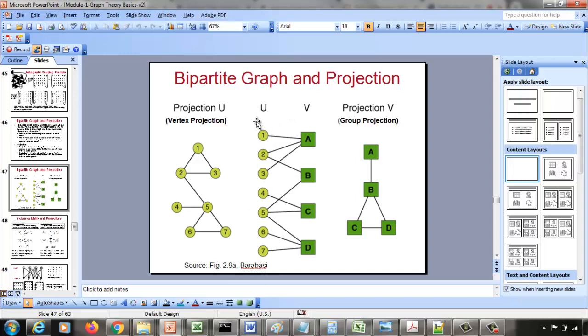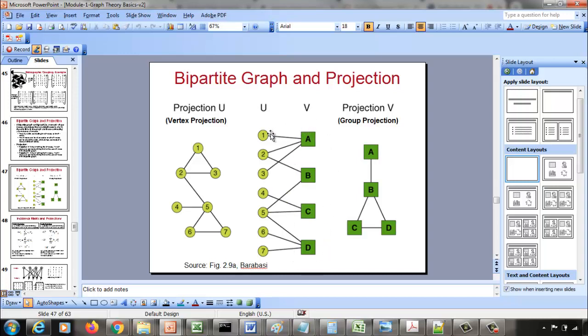So that's why I indicate here one set of vertices with integers 1, 2, 3 and so on, and the other set with alphabet A, B, C, D. This is a typical use of a bipartite graph where you have affiliations involving the vertices. So this could be the employees of an organization, and this could be the different divisions within the organization.